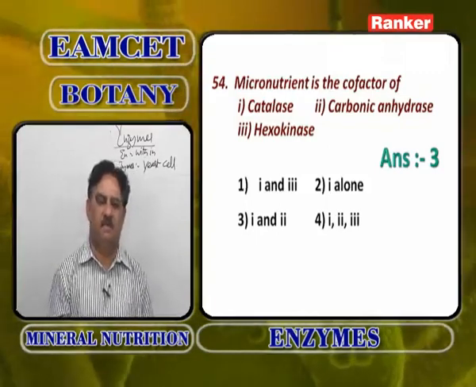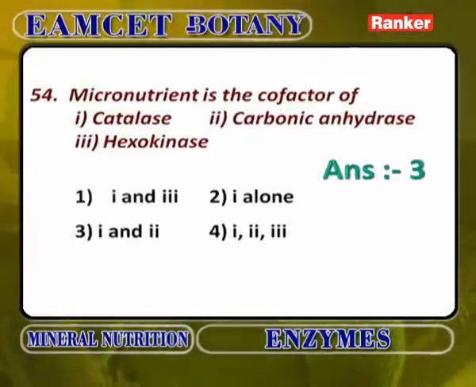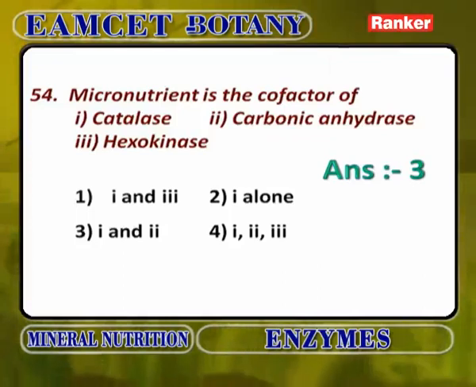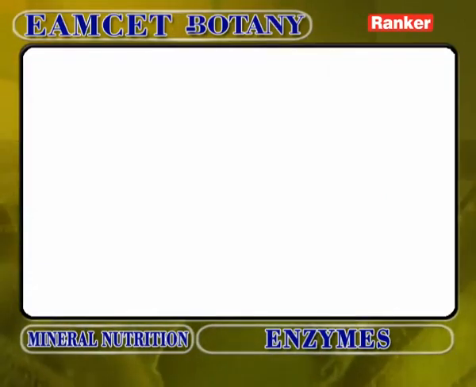Hexokinase is activated by magnesium. Magnesium is not a micronutrient, it is a macronutrient. So, micronutrients are the cofactors of catalase and carbonic anhydrase, not hexokinase, whose cofactor is magnesium. So, the answer is 1 and 2.